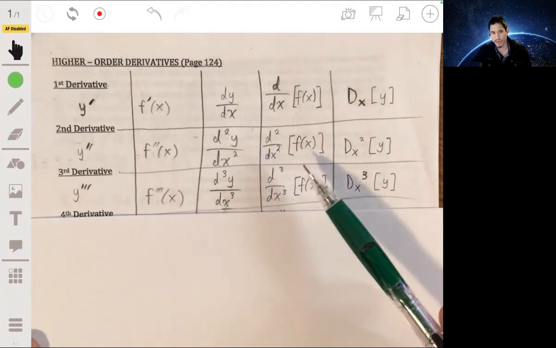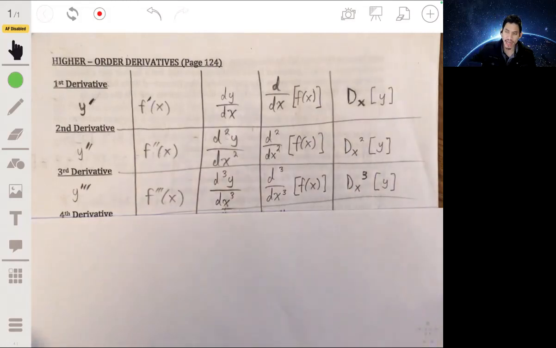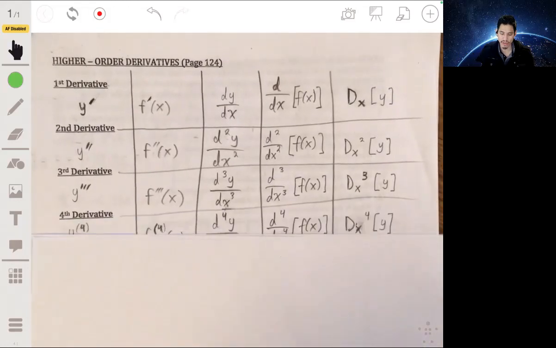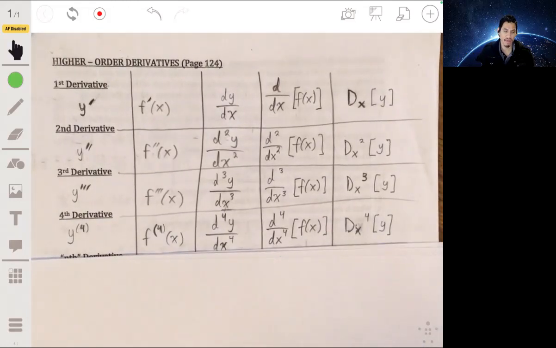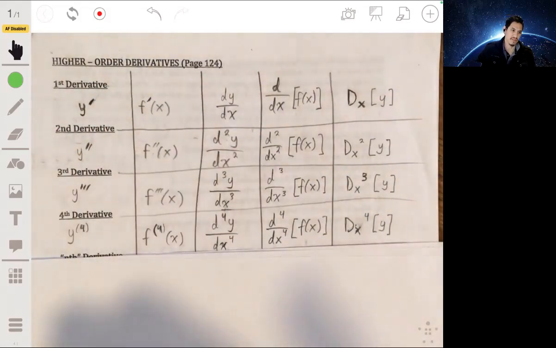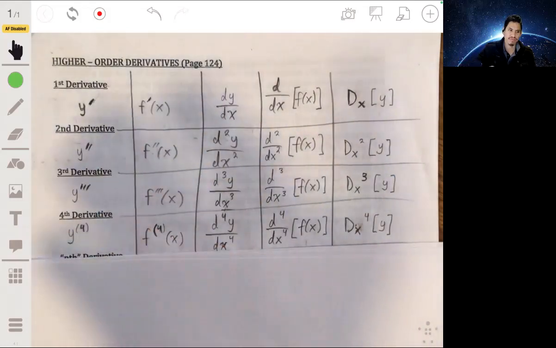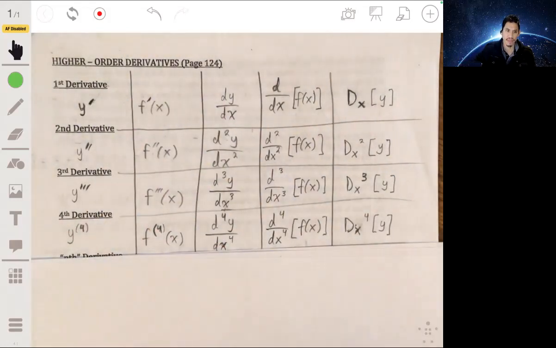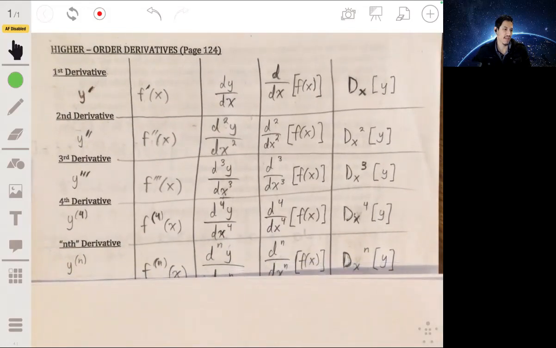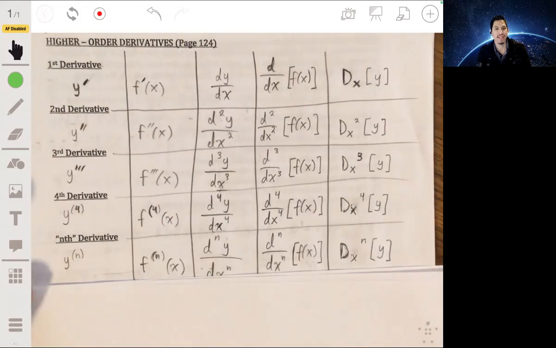Again, these are not exponents, but we can write higher order derivatives, meaning we can take the derivative of the derivative of the derivative and keep on going. You can go to the fourth derivative, and when we get to this, you can technically still write it with apostrophes, but it's probably better just to write a number. And the fifth derivative if you want, sixth derivative, but in general, the nth derivative, we can represent in any of these forms.